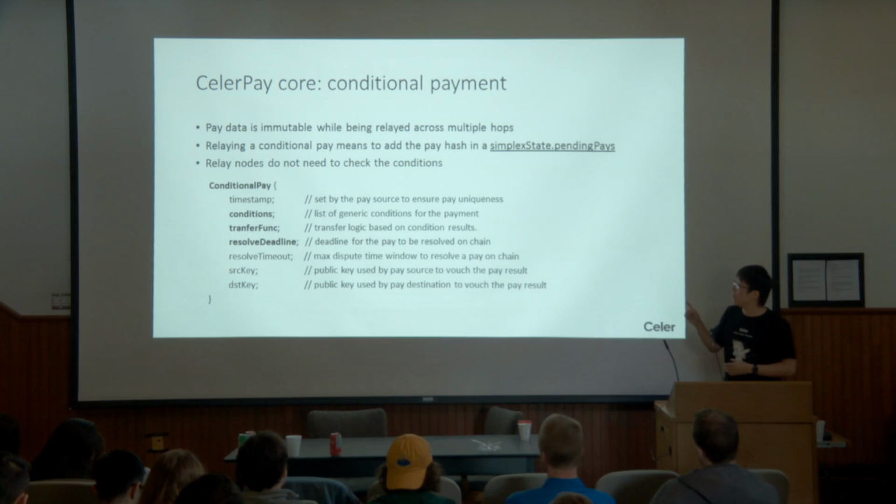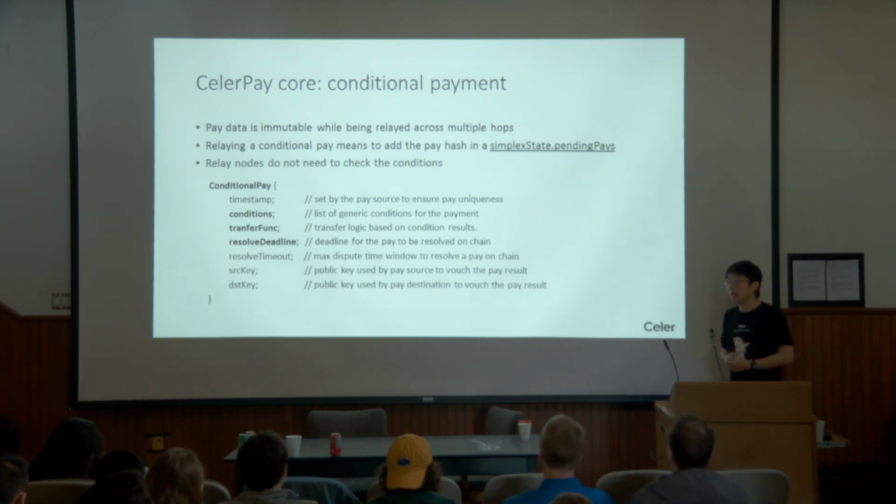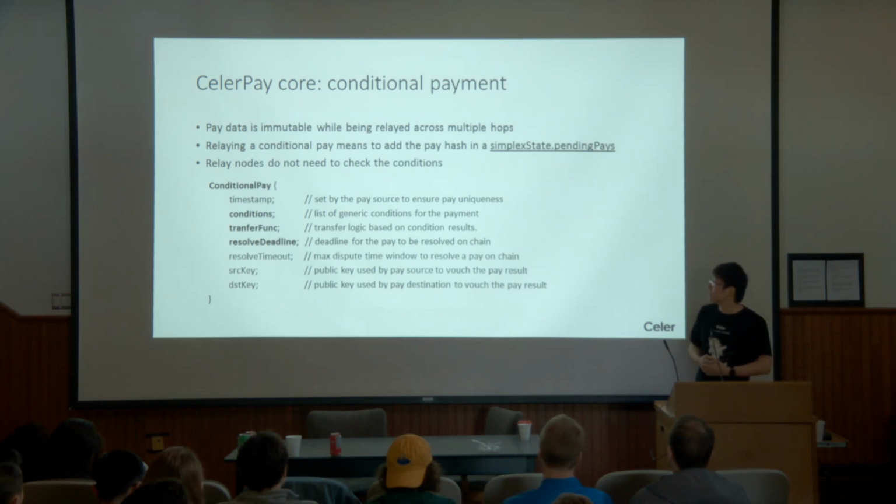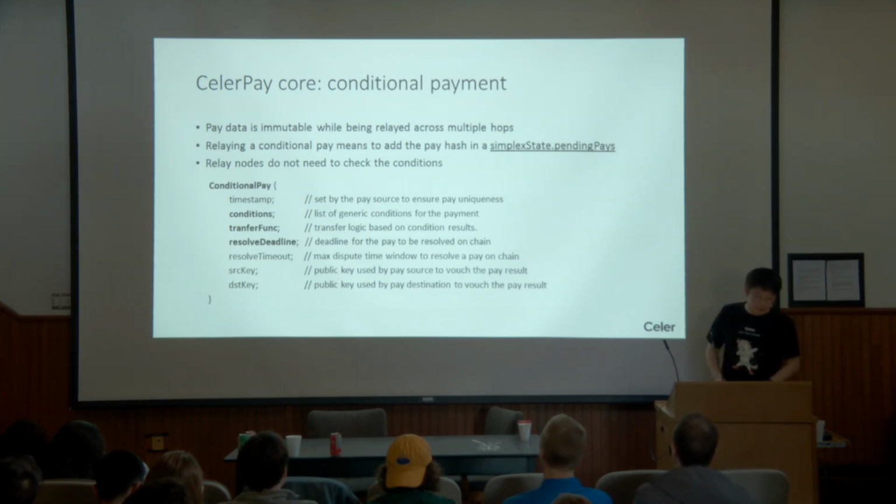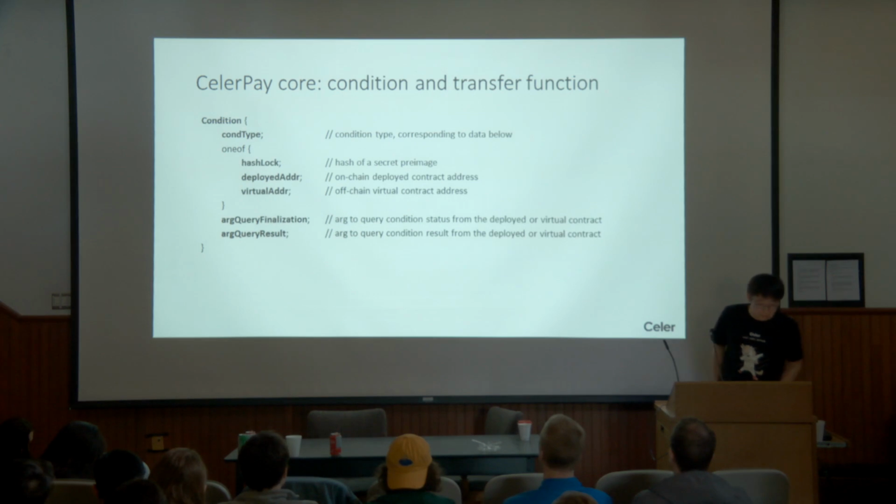The most important fields are the list of conditions, which define how the pay will be resolved, the transfer function related to this pay, and also the resolve deadline for when the pay will time out. And there are some other helping fields that I'm not going to go into detail today, but I'll have backup slides for that. I'll see if I have time for that later.